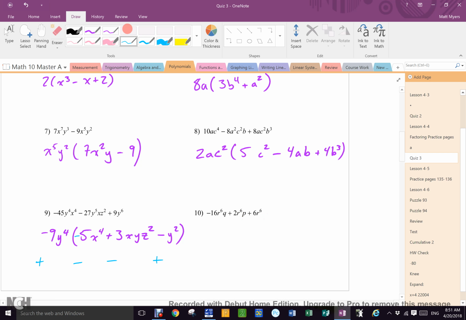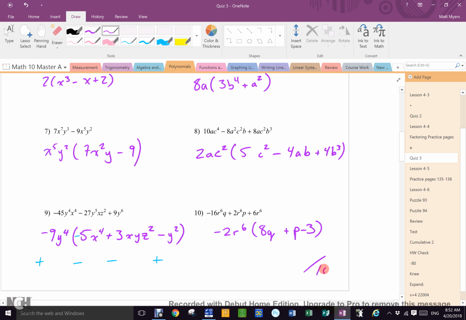Same thing here. What's coming out? I would bring out a negative 2r to the 6th, and that would leave me with 8q plus p plus minus 3.